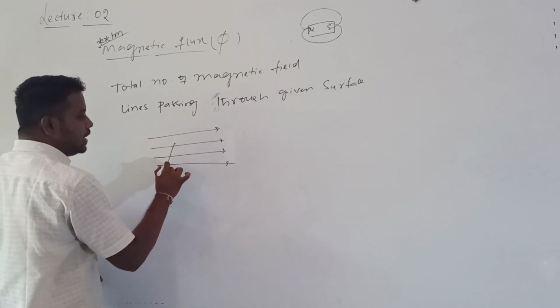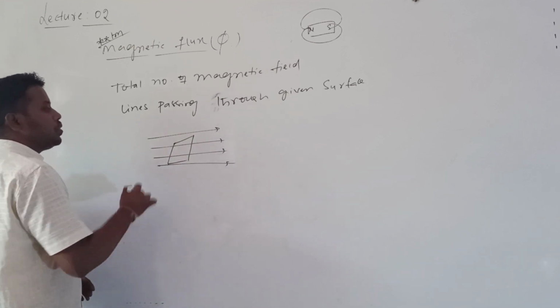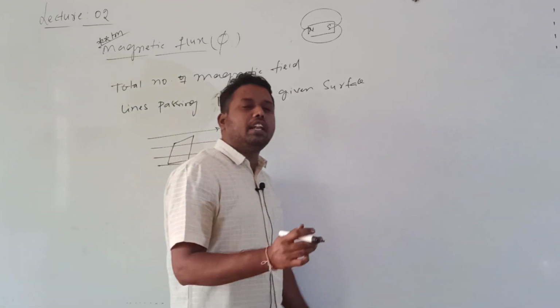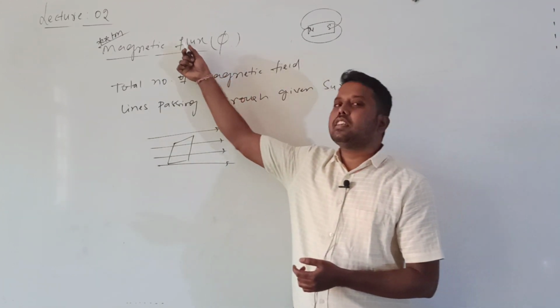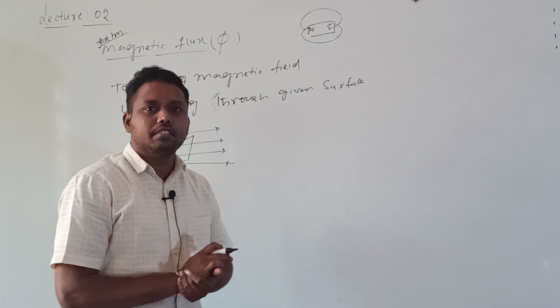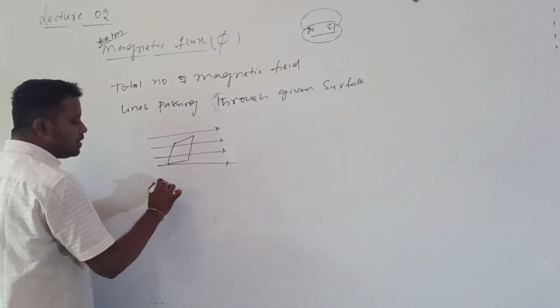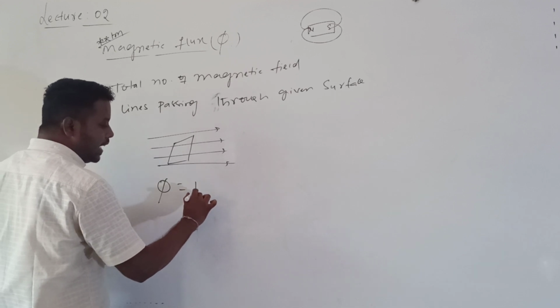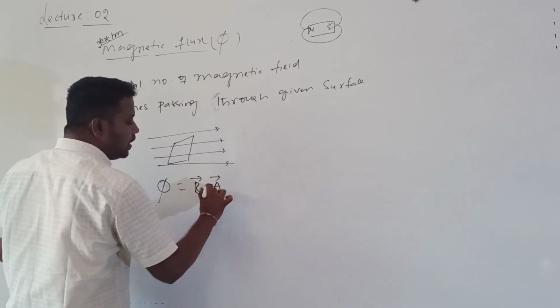Then if I consider a certain area or surface, how many magnetic field lines pass through this surface, that measure is given by magnetic flux. Definition clear?